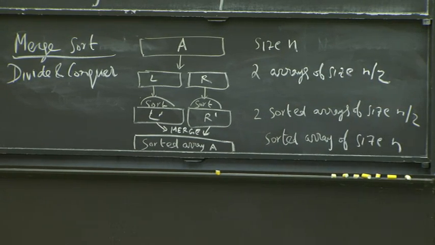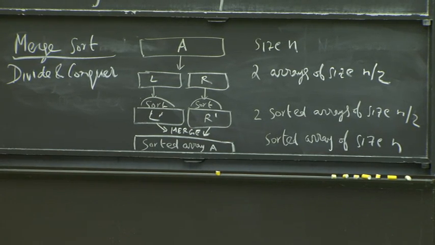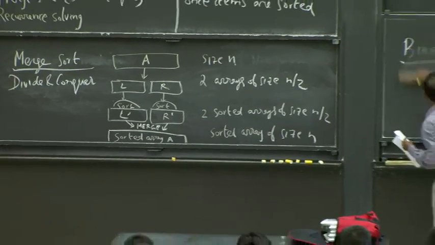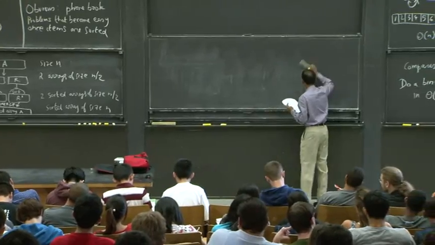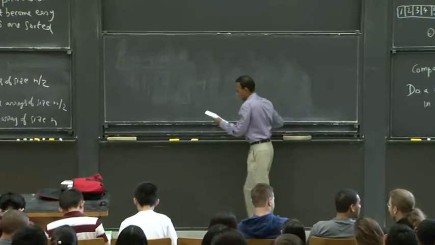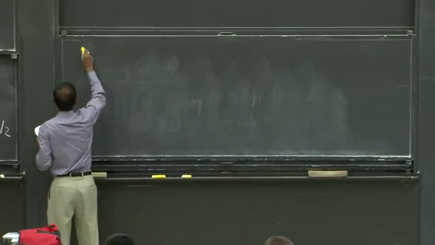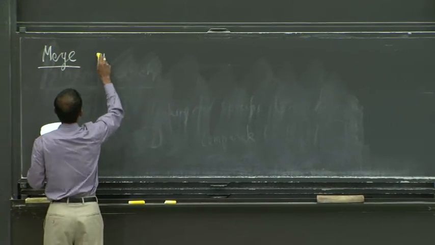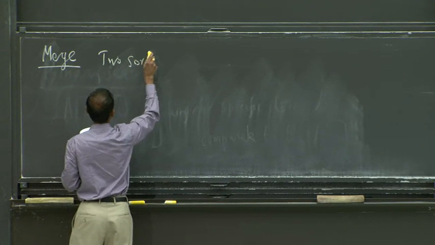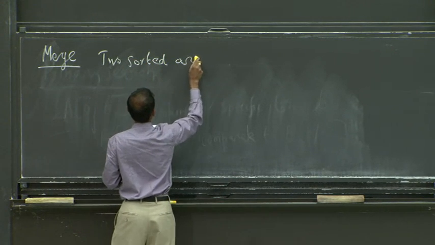So if you want to follow the recursive execution of this in a small example, then you'll be able to see how this works, and we'll do a fairly straightforward example with 8 elements. So at the top level, before we get there, merge is going to assume that you have 2 sorted arrays and merge them together.